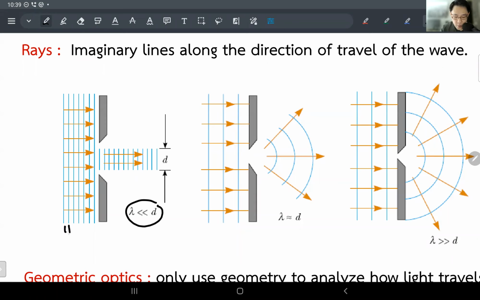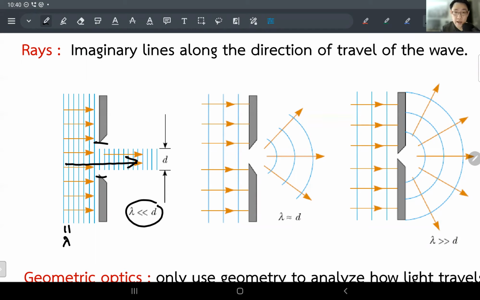This is your wavelength over there and the opening is huge. If you observe this with other kinds of waves, for example water waves, you will see that the wave just passes through the opening. It's like nothing happens. With this one, you can still pretty much use the ray to determine the direction of motion of the wave.